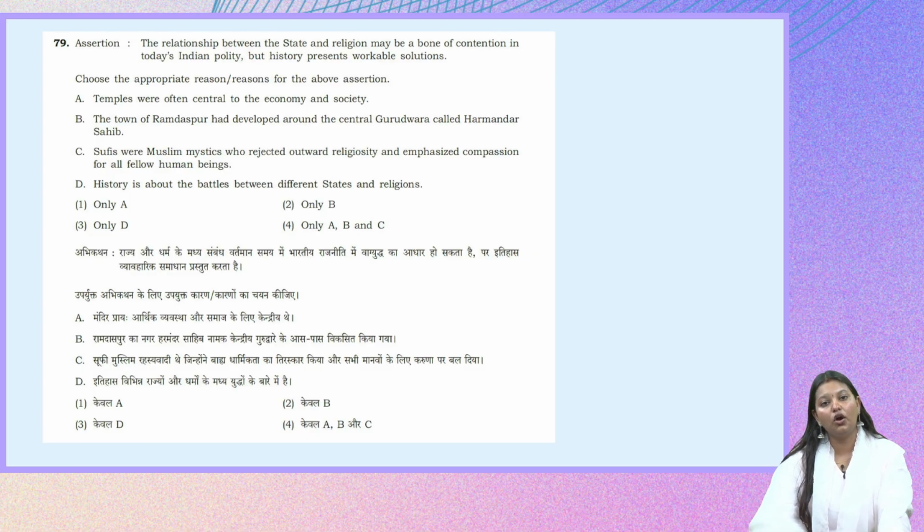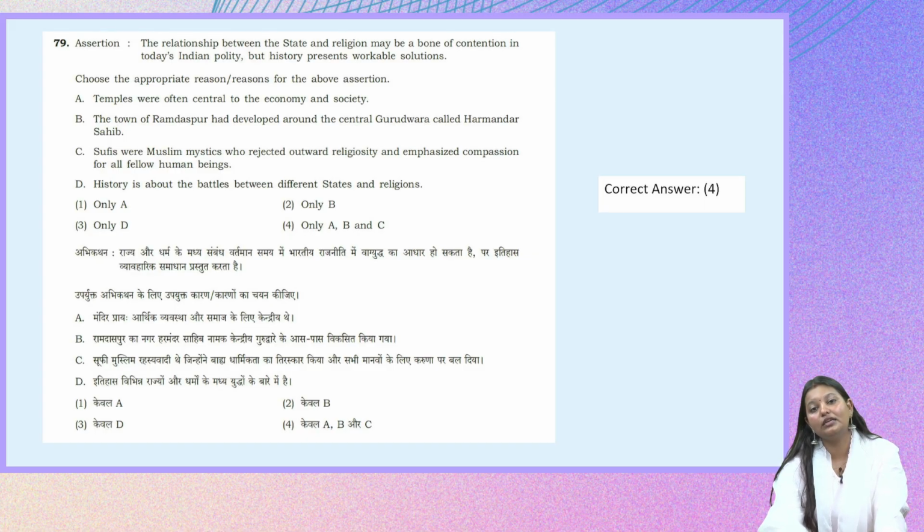So there is only one option which is talking otherwise, which is statement D. If you remove statement D, we have the right answer, that is option 4, A, B, and C. So all of these three statements are the reason for the above assertion. So this is also another kind of question that comes. Now you have multiple reasons. You have to choose and see if these three are explaining the assertion that is given to us or not. So this is also another kind of question that comes in an examination. Moving on to the next question in front of us.